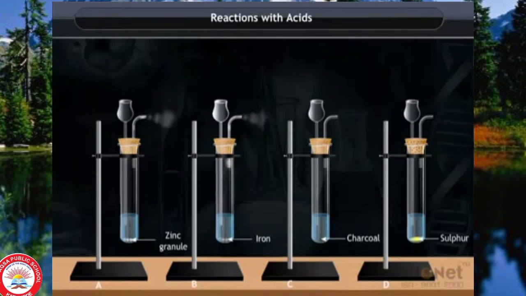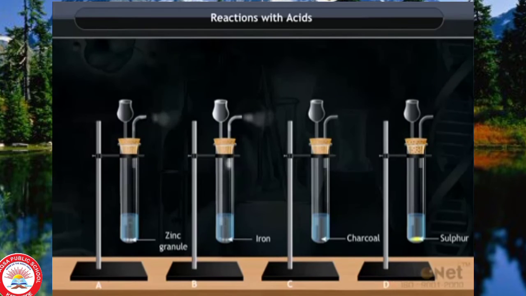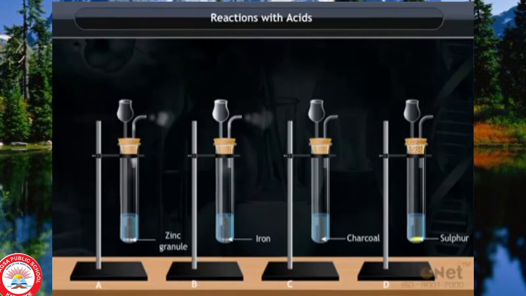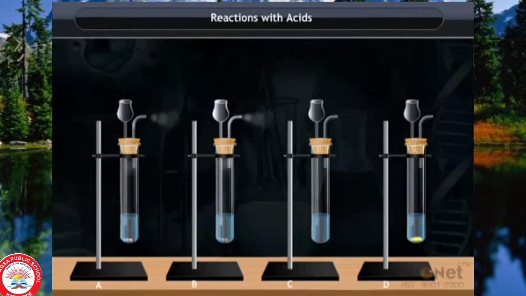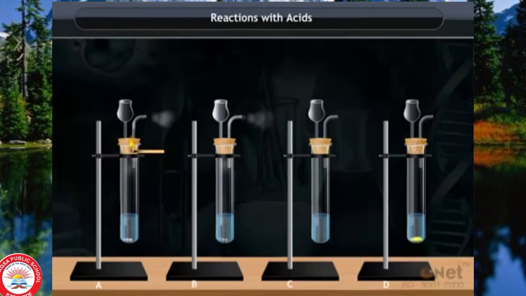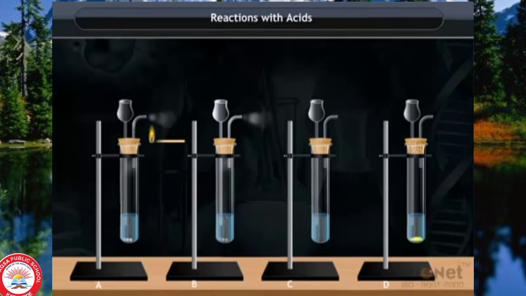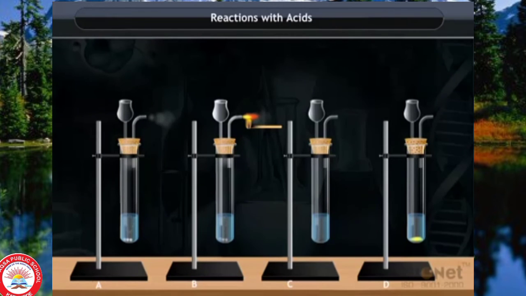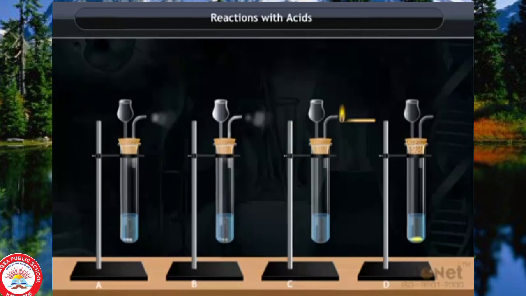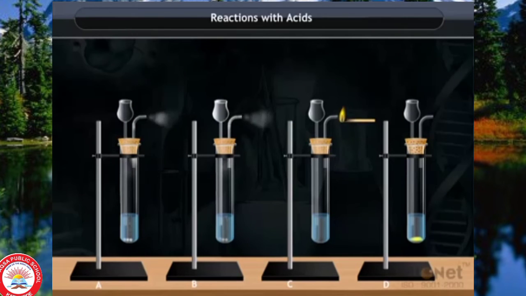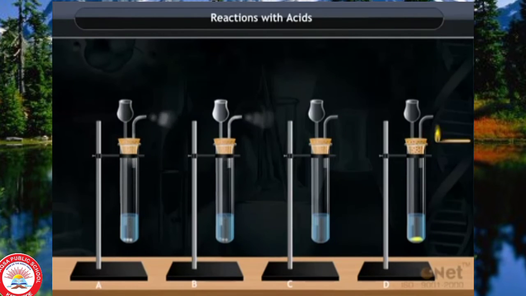No. Only from A and B we can see gas coming. Now we place a burning matchstick near the gas. You can see that the gas is burning. But there is no change in test tubes C and D.